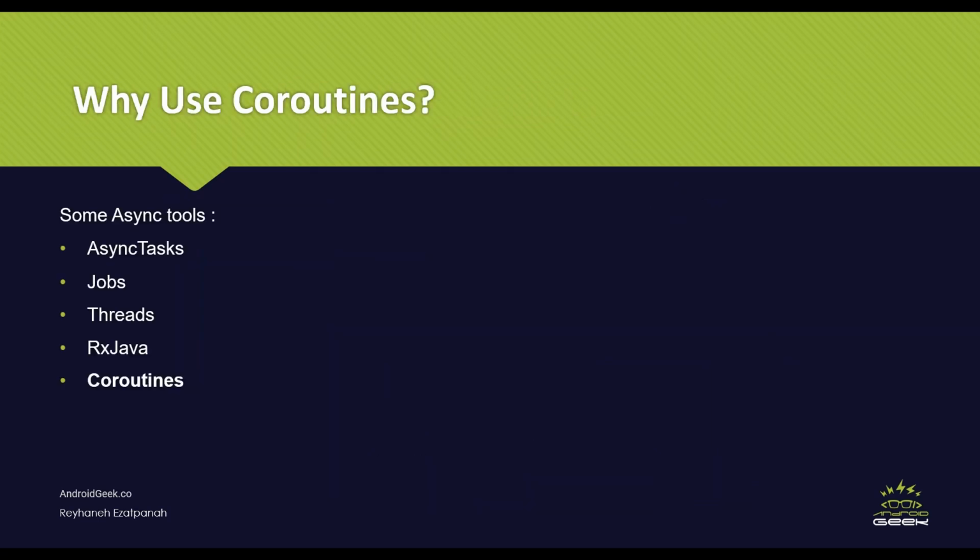And there is a good question: why use coroutines? Android developers have many async tools available today. AsyncTasks, jobs, threads, and RxJava. These are just a few examples. You already have a lot of tools. So why would you need to learn another one?